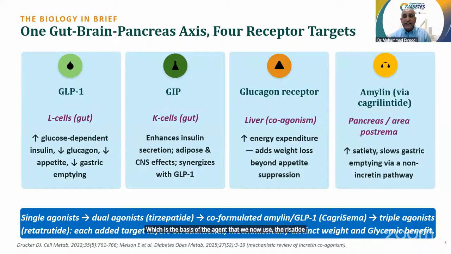The glucagon receptor co-agonism adds an energy expenditure component, which is where retatrutide gets the extra weight loss that it shows. Amylin, via cagrilintide, works through a completely separate satiety pathway. So each new agent is not just more of the same, it is a genuinely different mechanism.